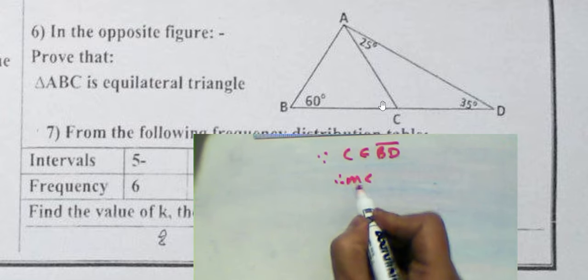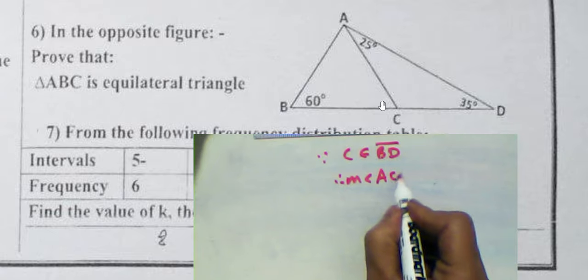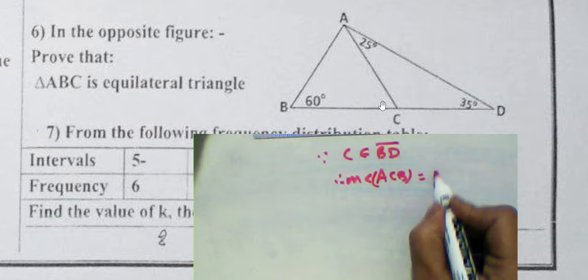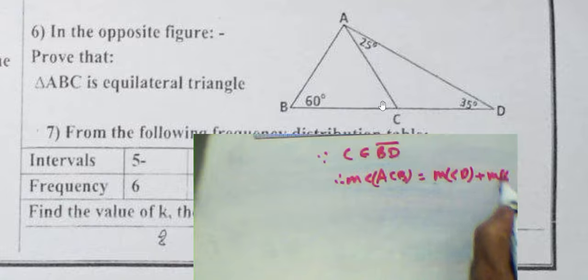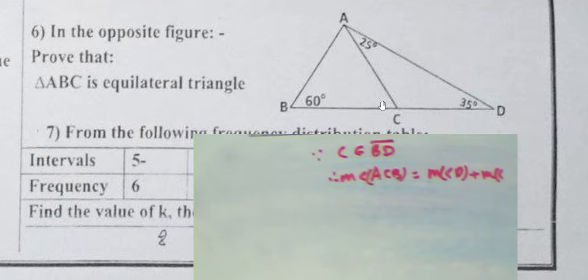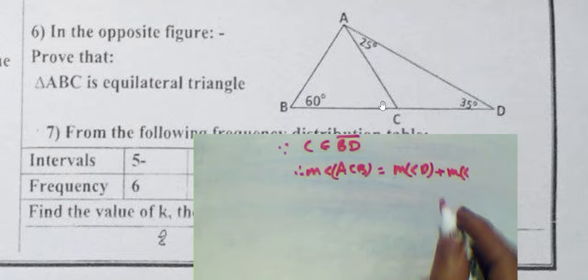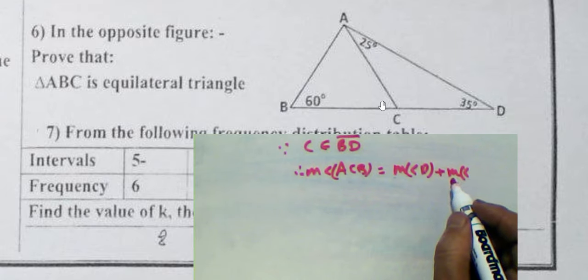Then the measure of angle ACB equals the measure of angle D plus the measure of angle ACD.